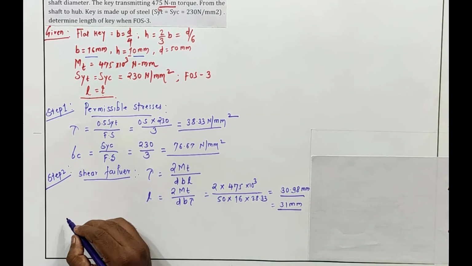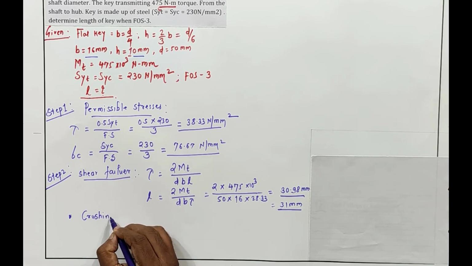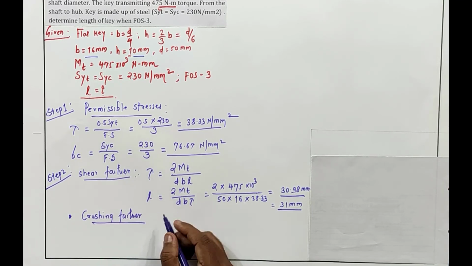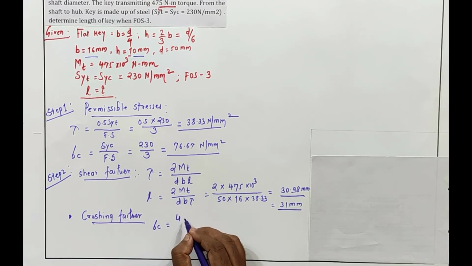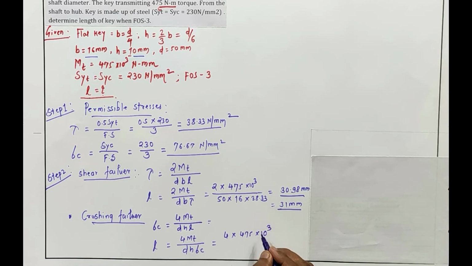And from crushing failure, sigma C is equal to 4MT by dHL. In that case, I am interested in length, that is 4MT by dH sigma C. So 4MT is nothing but 475 Newton meter converted into mm.